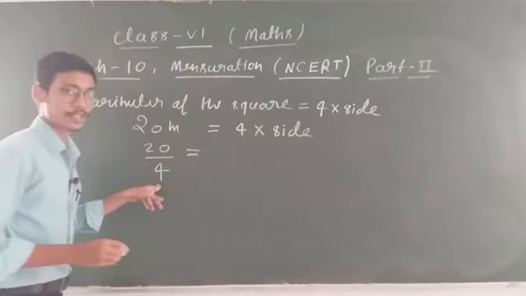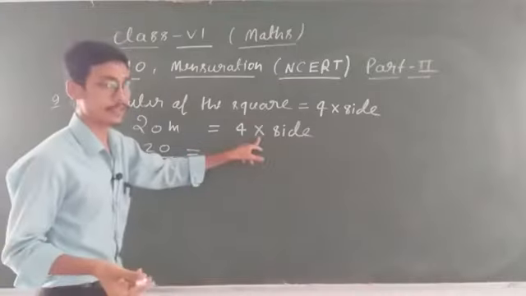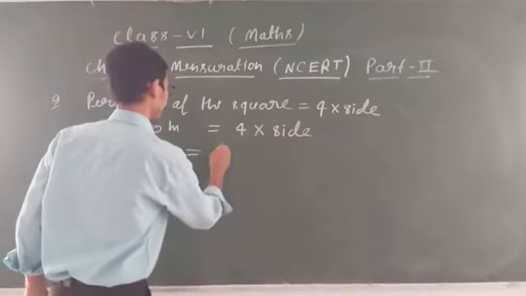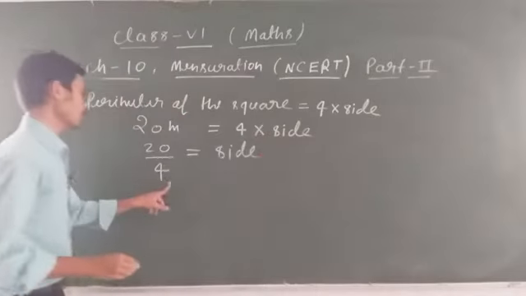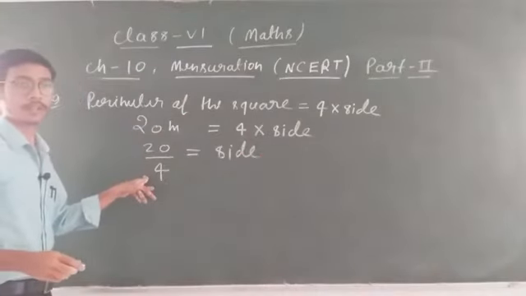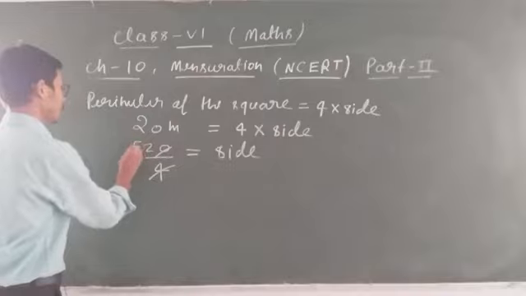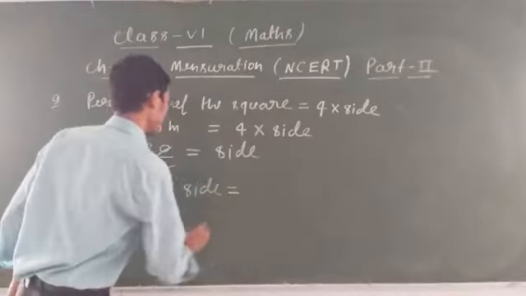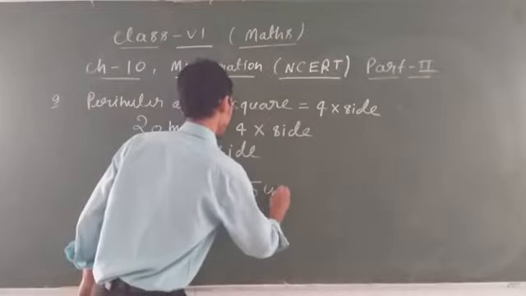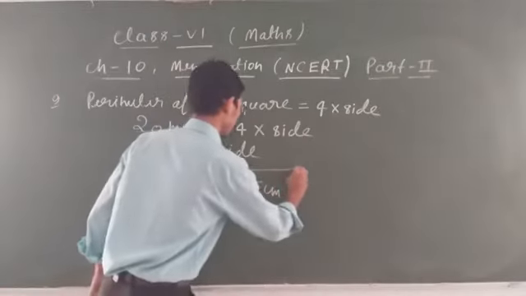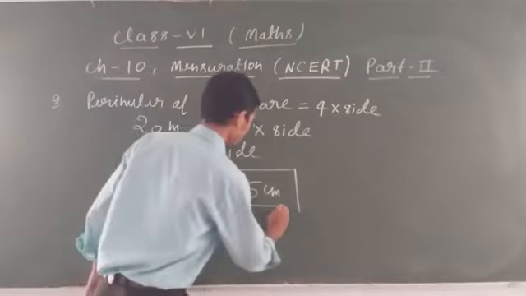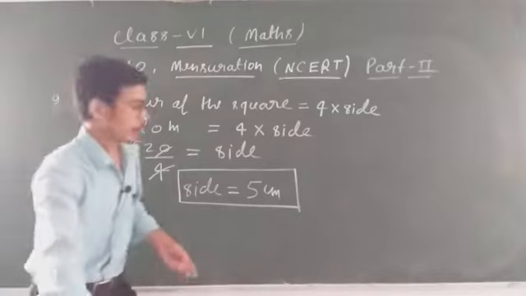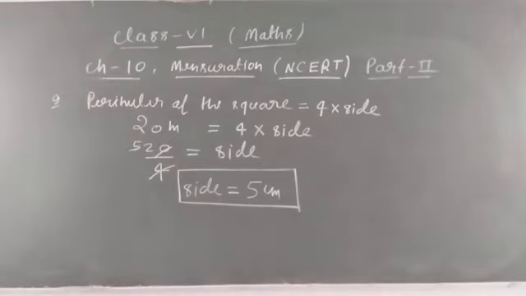Because this 4 comes to this side, it will become divide, because here it is in multiplication. It will become side. So 20 upon 4, it will become what? 4 fives are 20. Clear? So side is equal to 5 meter. Clear student? So by this you can find out the side of a square. Clear student? Okay, 1 minute student.